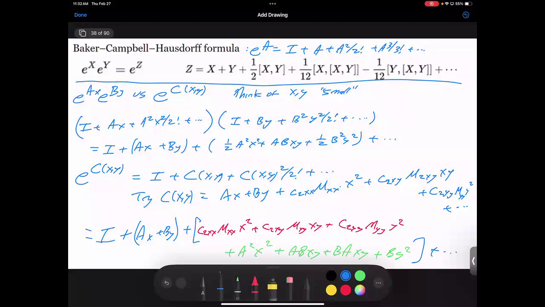What's the only way if I want this expression and this expression to be equal? What must be true? Or what do you hope is true? So when I look at the expressions, do they start off looking like they're the same? They both have the identity.